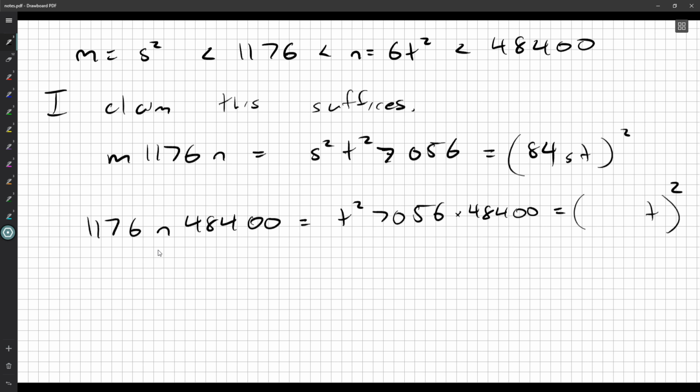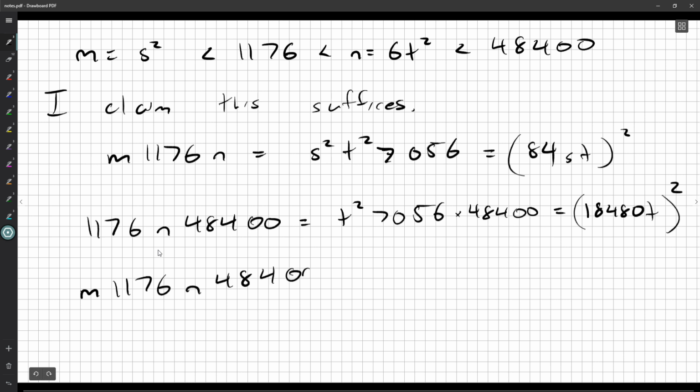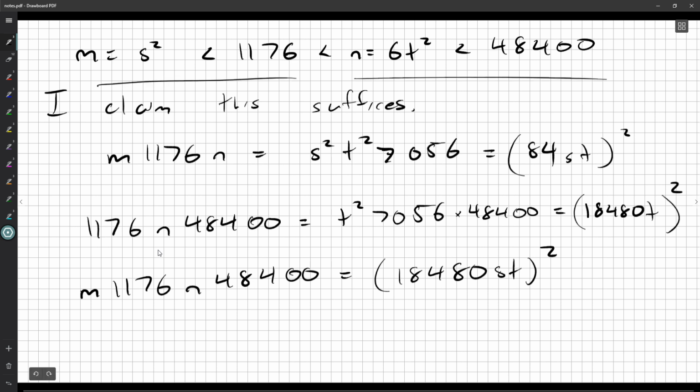So multiply that by 84, and you'll have 18,480 t squared is that expression. And that's going to be the same thing, but with an s added in. So that would work. They would be Schonk sequences as long as we get this order right.